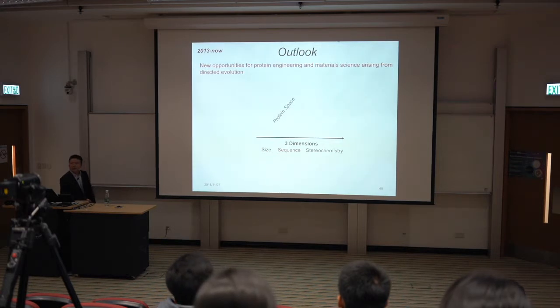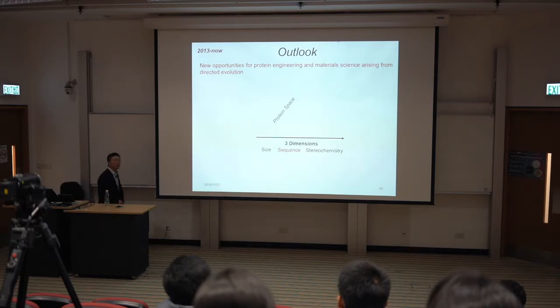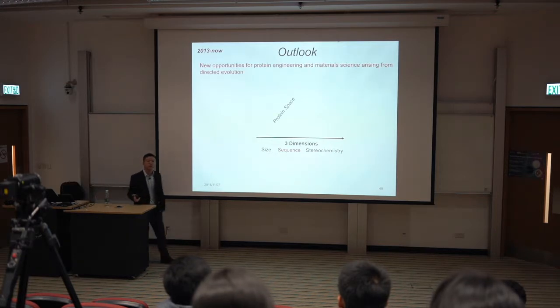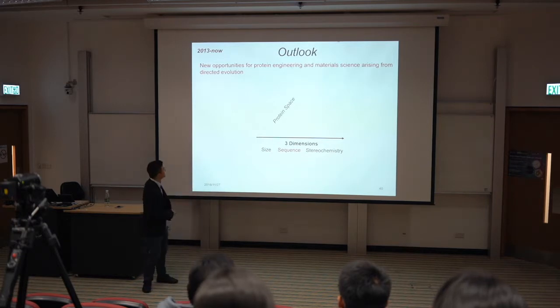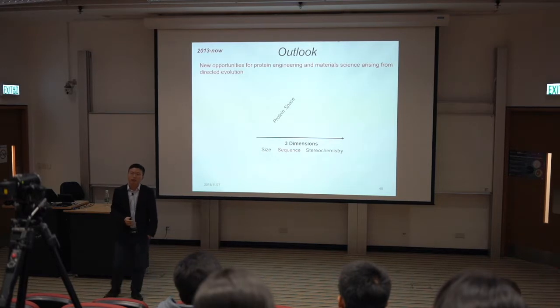Okay, what else can we do? If you are a polymer scientist, protein is a polymer by nature. Okay? When we talk about the property of a polymer, we always talk about 4 aspects, right? Size, sequence, stereochemistry. What else? Topology. Okay? But sadly, most biopolymers in living systems are linear, right?